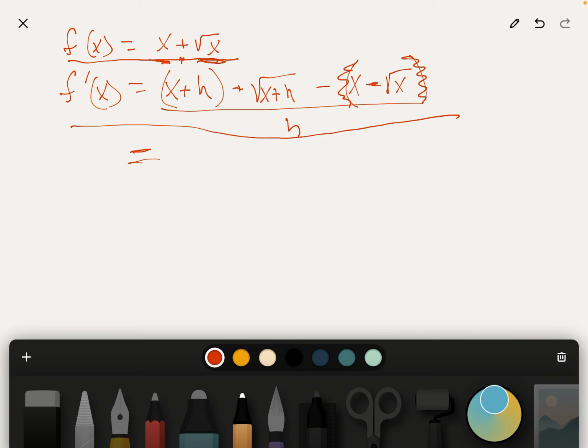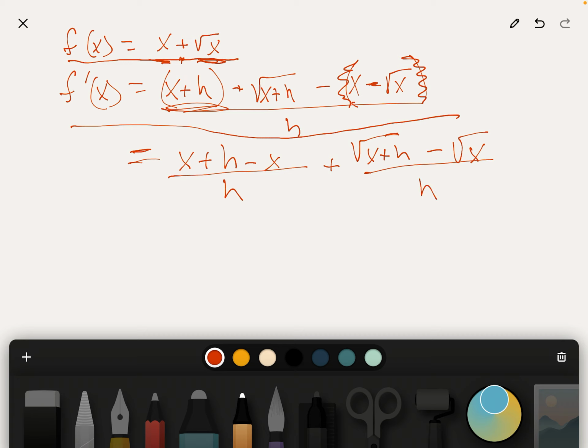I'm going to take this x, or minus x, and bring it over here with this. So it's going to be x plus h minus x. And I'm even going to put that over h, just to remind us that it's separate. And then it's plus square root of x plus h, now minus square root of x all over h.